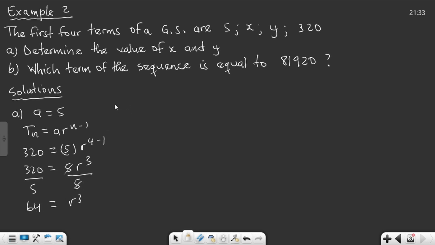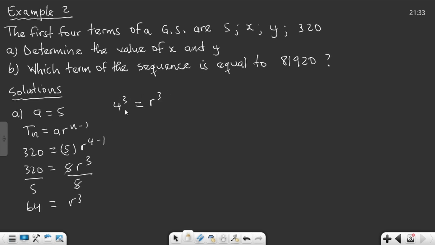Yes, if you check in your calculator, 4 to the power of 3 will give you 64. So 64 is equal to r to the power of 3. So this is my 64. What I did is to cheat to have the same exponent. That's how you do it.